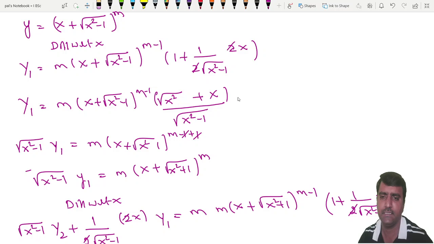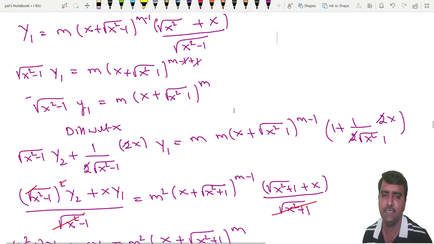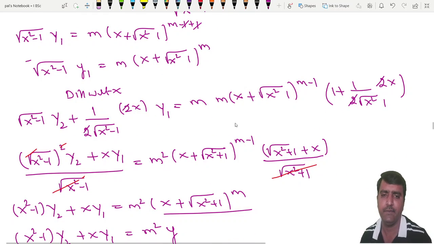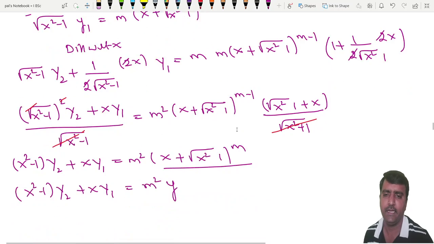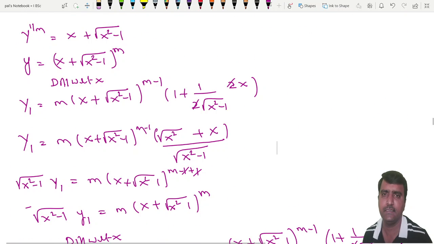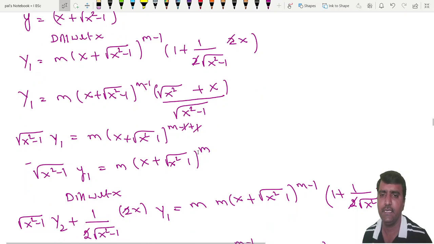Here also we have to change the sign. Unknowingly I am writing the plus sign. Okay, change that to minus everywhere.